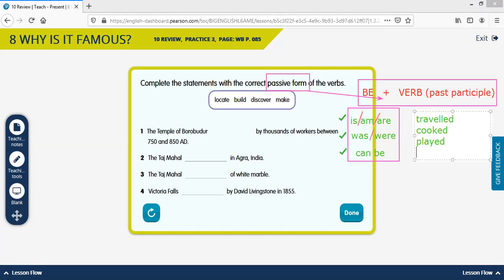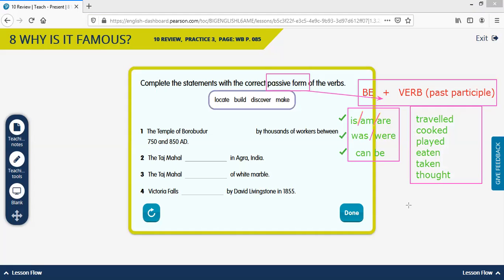For example, eaten, taken, thought. All right? These are going to be our past participles. Right? That's how you're going to use passive form. You use the verb be and then a verb in past participle.